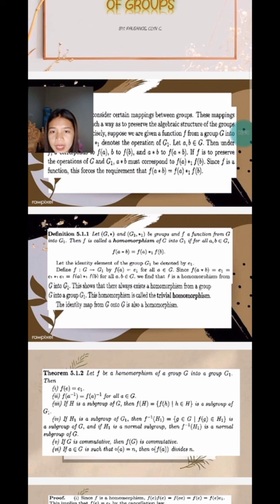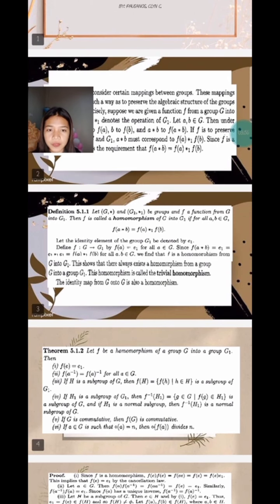So let the identity element of the group G sub 1 be denoted by e sub 1. Define the function f of G into G sub 1 by f of a is equal to e sub 1 for all a in G. Then f of a star b is equal to e sub 1, which is equal to e sub 1 star 1 e sub 1, which is equal to f of a star 1 f of b for all a, b in G. We find that f is a homomorphism from G into G sub 1.